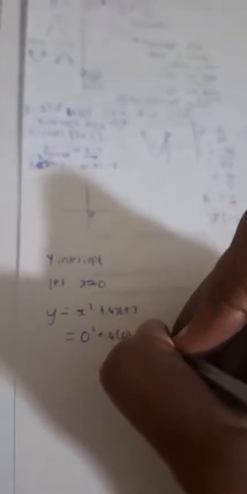The last thing we need is the y-intercept. So for that very same function, we're going to let x be equal to 0. We take that function y is equal to x² plus 4x plus 3, and substitute 0. Y is equal to 3.